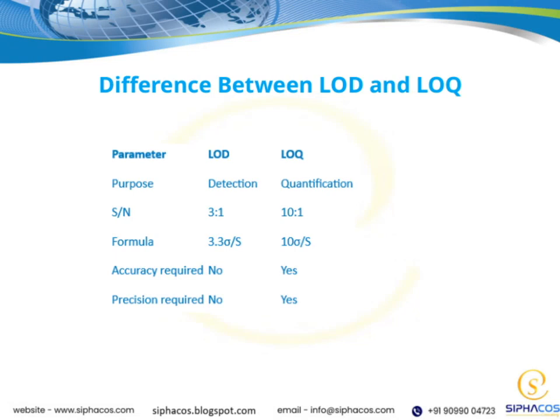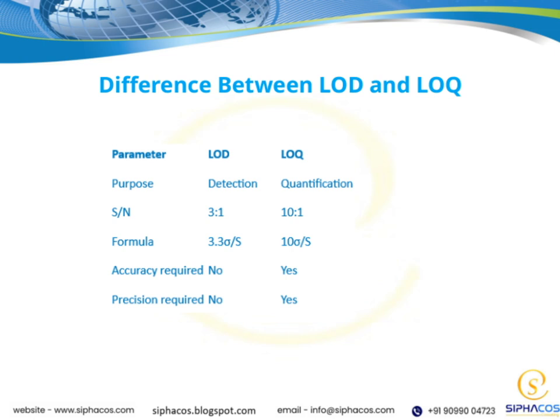Now, let's take a closer look at the difference between LOD and LOQ. These two terms often come up in analytical methods, and understanding them is crucial for accurate measurements. LOD, or limit of detection, is essentially the smallest amount of a substance that we can confidently identify as present, but not necessarily quantify precisely. It's like saying, yes, I see it, but I can't say exactly how much.